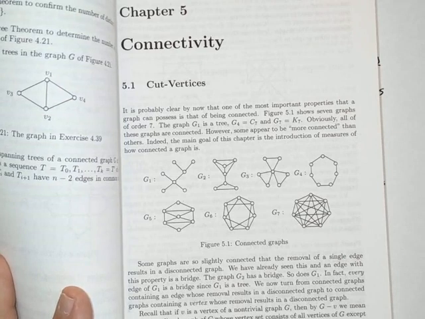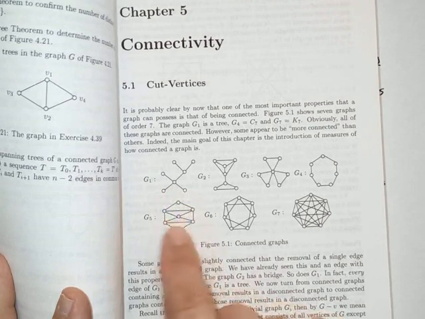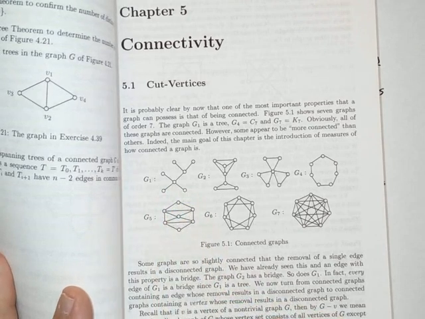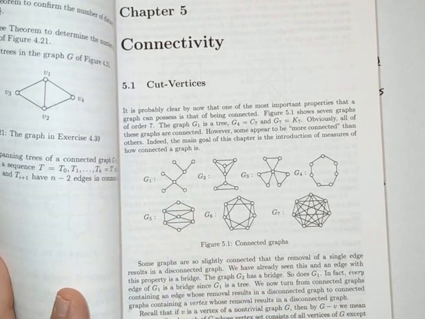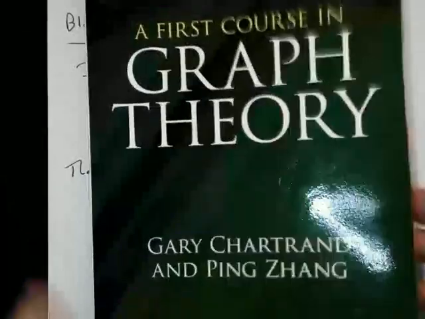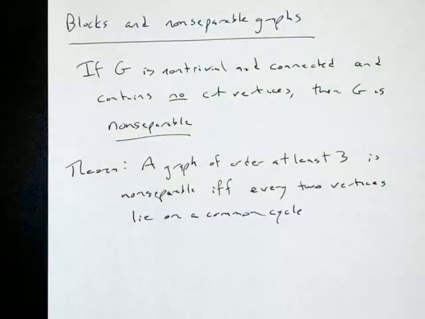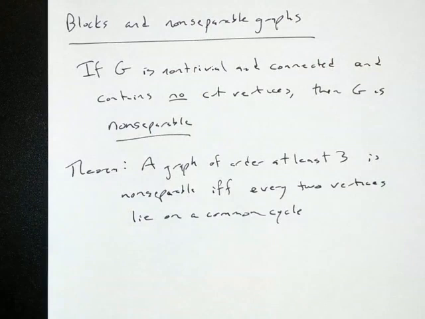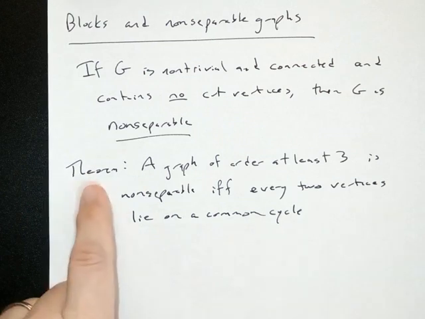You can pick anything above it, and it's on like that diamond shape. So no matter what two vertices you pick, there's a cycle that contains both of them. A set of examples is not enough.